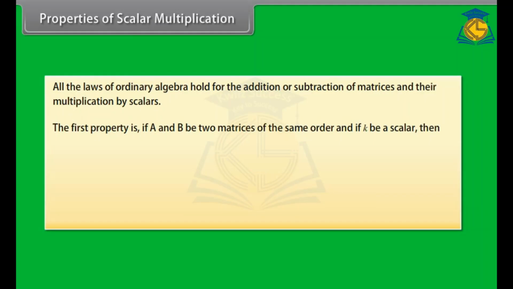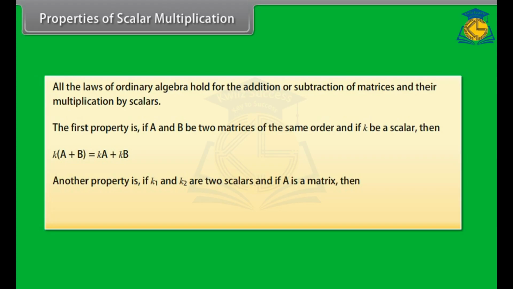The first property is, if A and B are two matrices of the same order and K is a scalar, then K into A plus B is equal to K into A plus K into B. Another property is, if K1 and K2 are two scalars and A is a matrix, then K1 plus K2 into A is equal to K1 into A plus K2 into A, and K1 into K2A is equal to K2 into K1A.